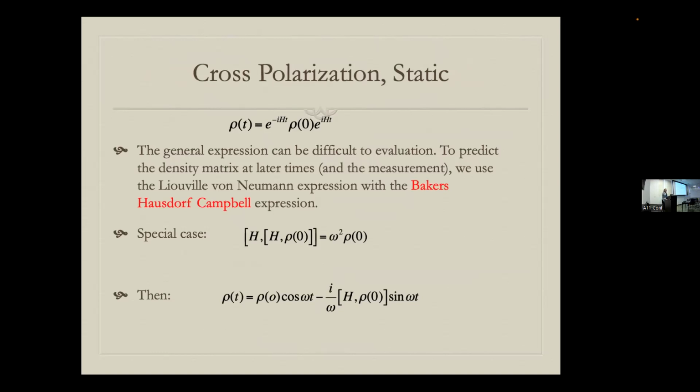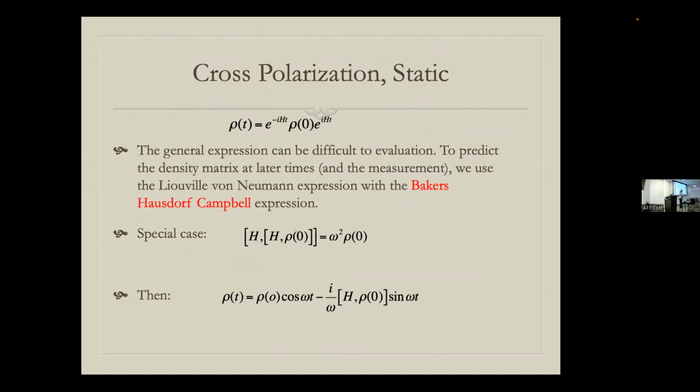And if it just happens to be true that the initial density matrix, you take a commutator of your Hamiltonian with it, you get something that isn't it. It's not rho, it's not H, it's not 0. You get some other thing, okay? Now take that other thing and take one more commutator with the same Hamiltonian.